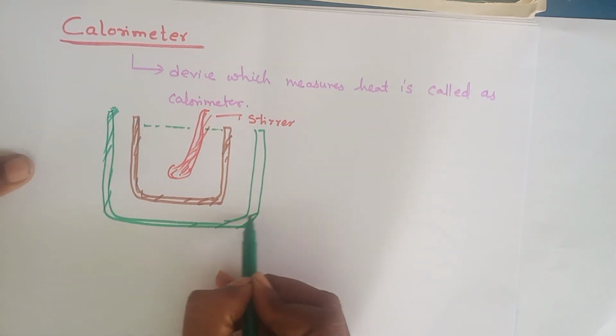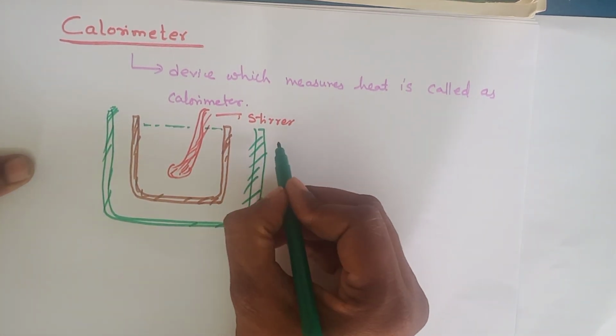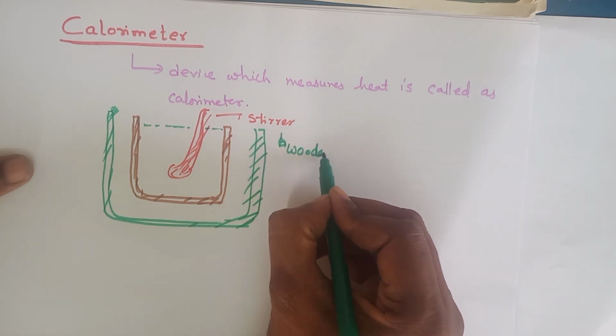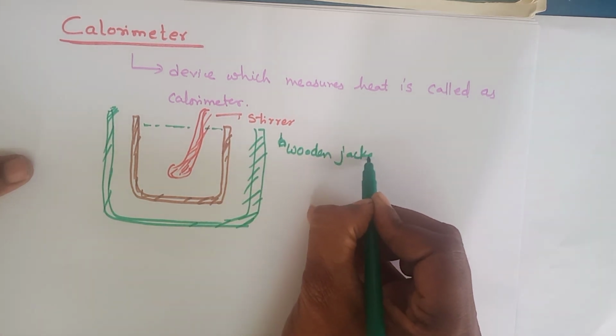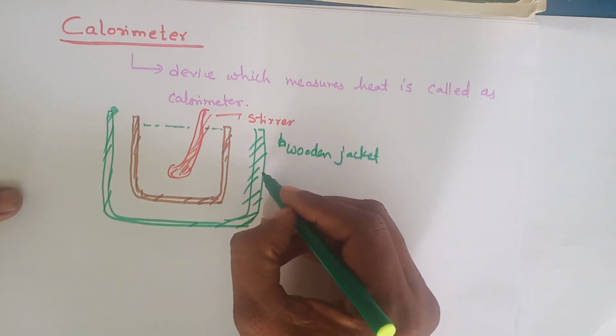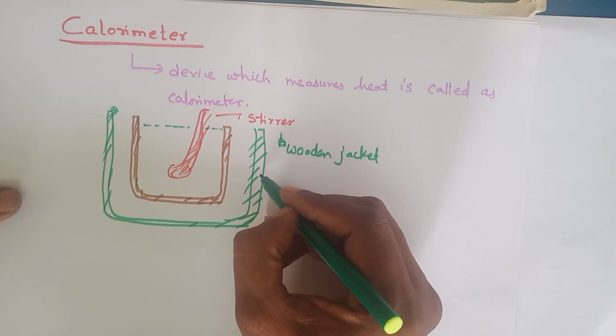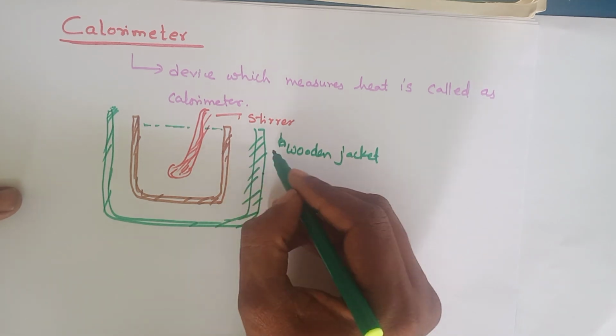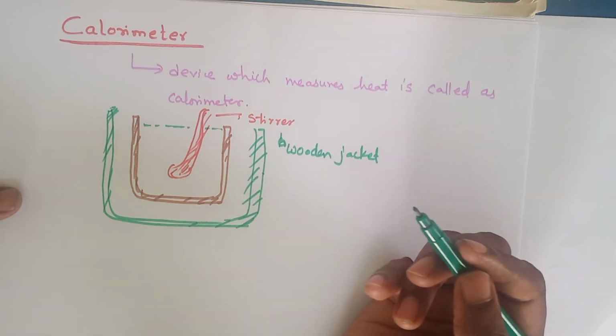Wood is a simple bad conductor, a wooden plank or wooden jacket, right? This wooden outer jacket acts as a heat shield and reduces the heat loss from the inner vessel to the outer vessel.